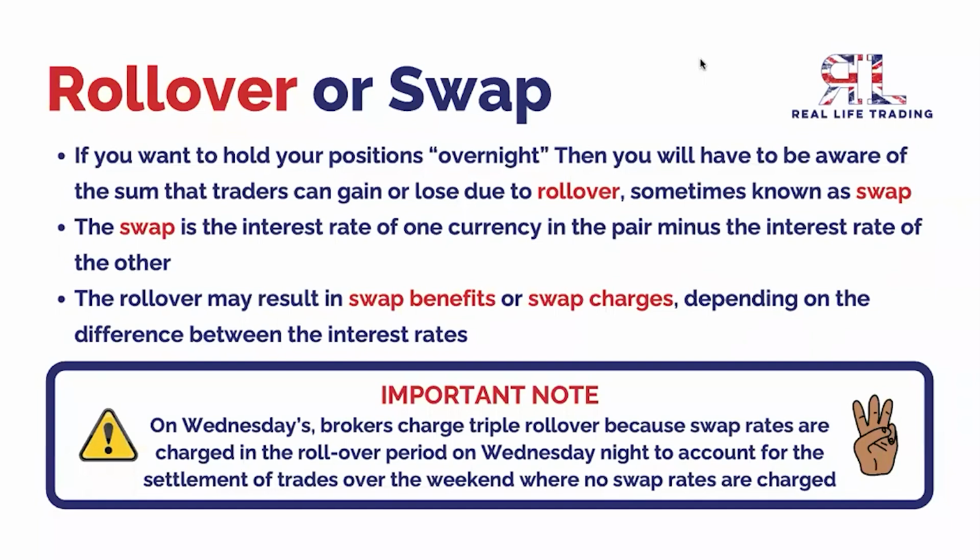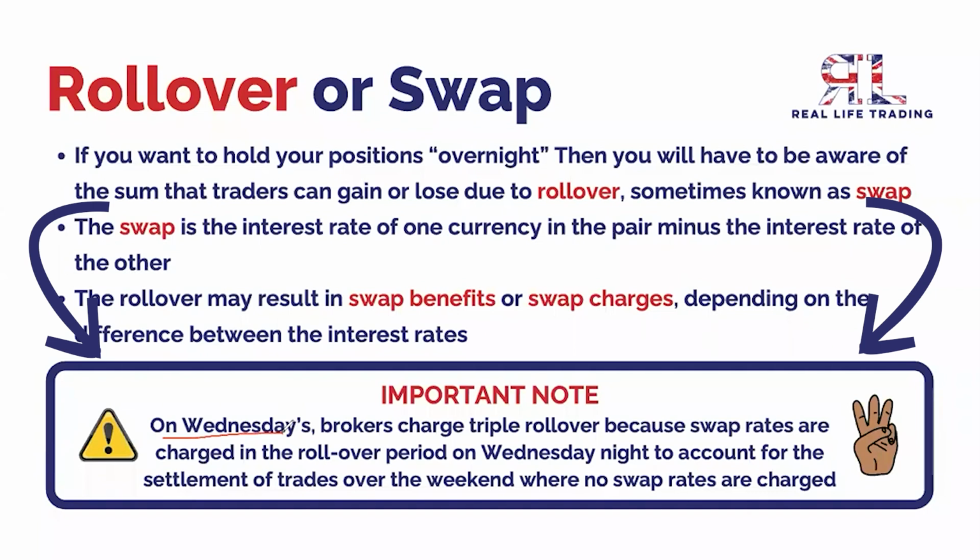Perfect. Cool. Well, one important thing to notice when we're talking about rollovers and swap is that on a Wednesday, brokers charge a triple rollover. Swap rates are charged in a rollover period on a Wednesday night to account for the settlement of the trades that happen on the weekend, where there is no swap rate charged.